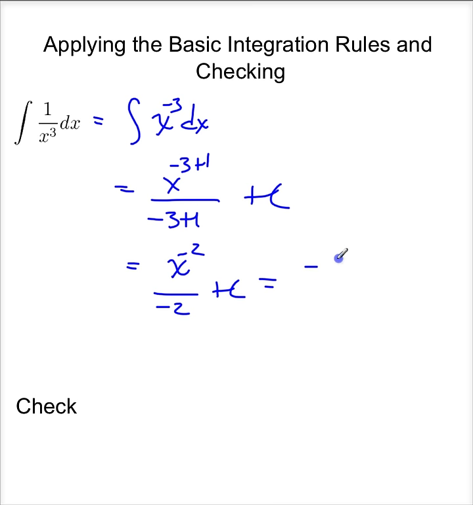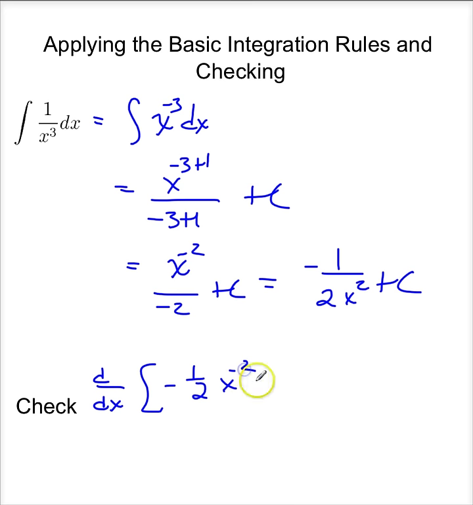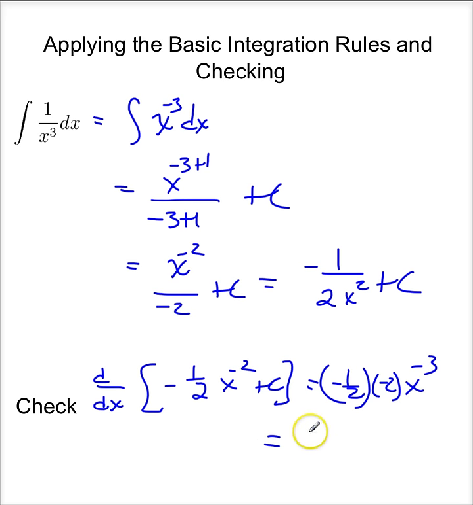Or you can write this as minus 1 over 2x squared plus a constant. To check it, I'm going to take the derivative with respect to x of minus 1/2 x to the negative 2 plus c. So it's negative 1/2 times negative 2 x to the negative 3, which is indeed 1 over x cubed.